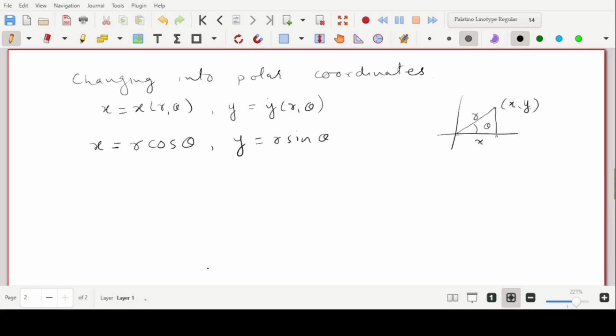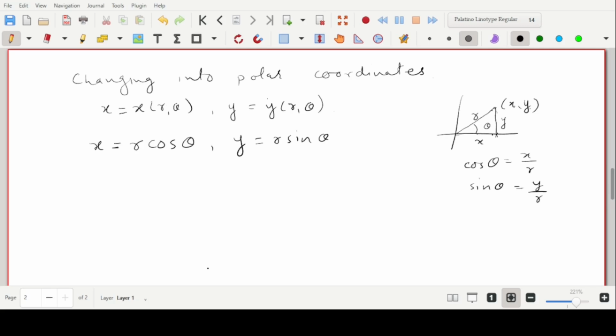This x is nothing but r multiplied by cos theta, because cos theta is the adjacent side, that is x, divided by the hypotenuse, that is r. So cos theta is x over r, and sin theta is the opposite side, which has length y, over r, so that is y over r. So x is r cos theta and y is r sin theta according to this diagram.